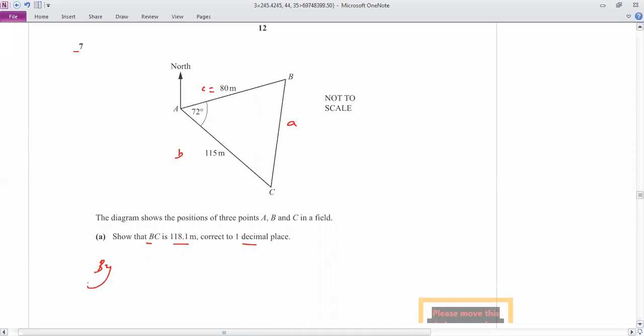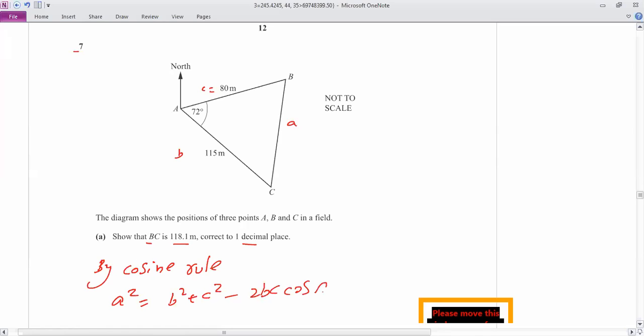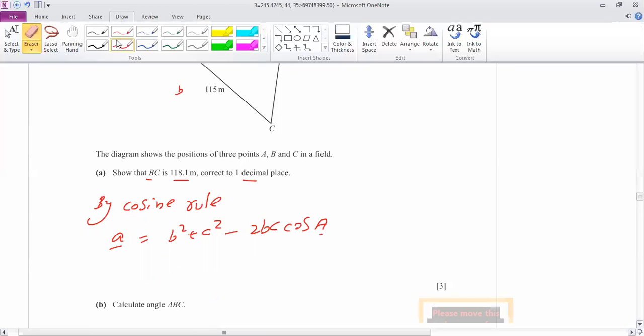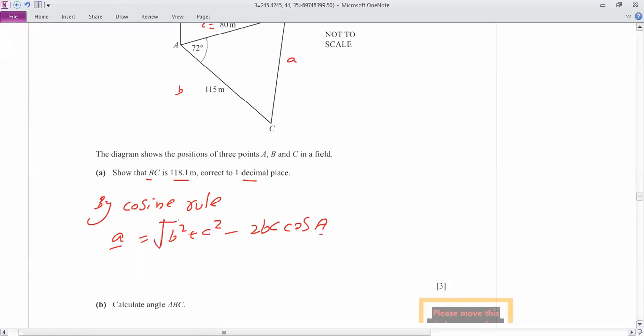By cosine rule, what is according to the cosine rule? A square is equal to B square plus C square minus 2BC cos of A, because you are using A, so the angle should be A. Just put the values, and then what will be A, because we need to find the side A, so you can even take the square root. Remove the square, that will be square root on the other side.